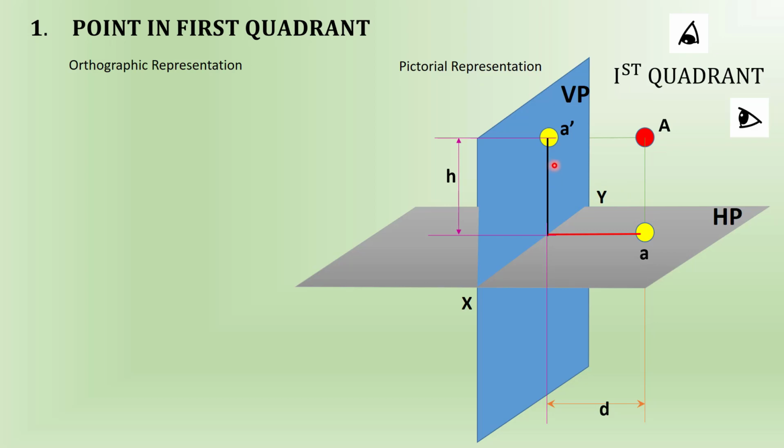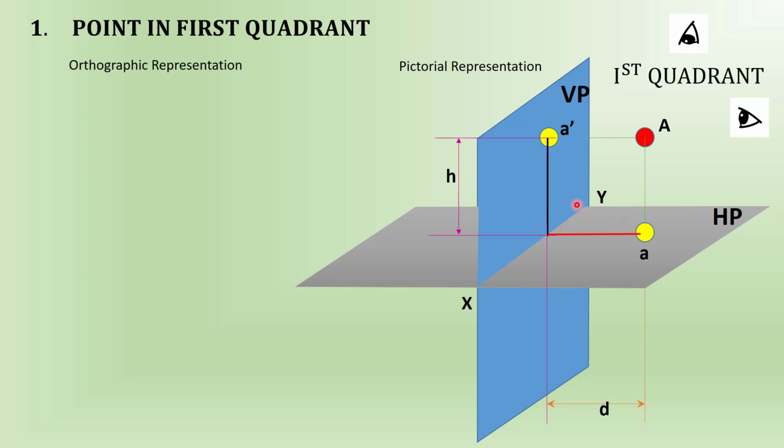Similarly, the distance from the vertical plane will be marked on the horizontal plane. Or, the distance of the plan point from the reference line will be the distance from the vertical plane, and the distance of elevation from the reference line will be the distance from the horizontal plane. I hope that is clear.